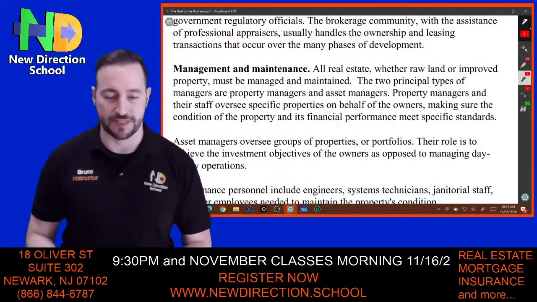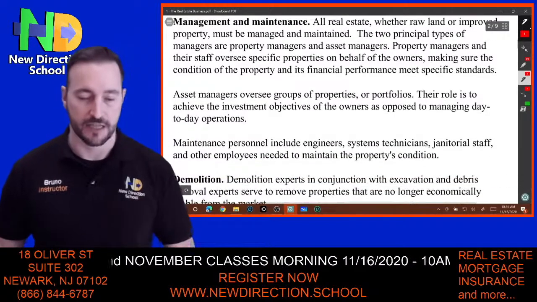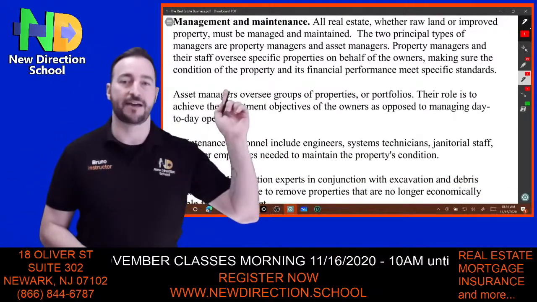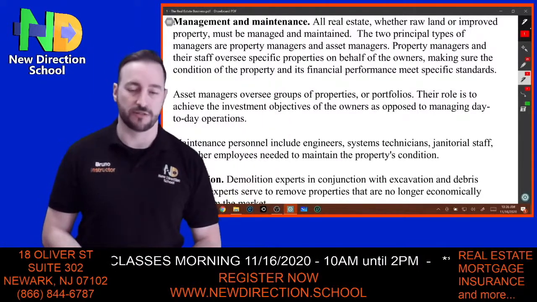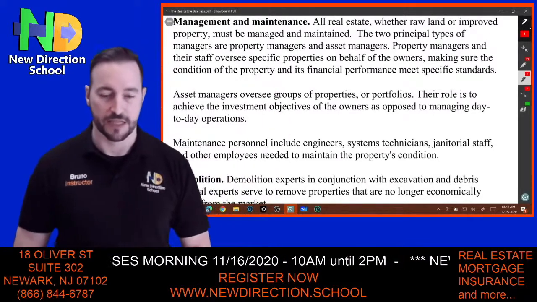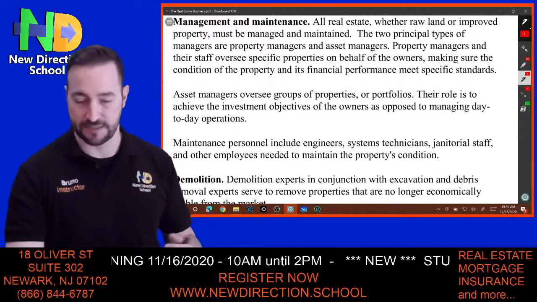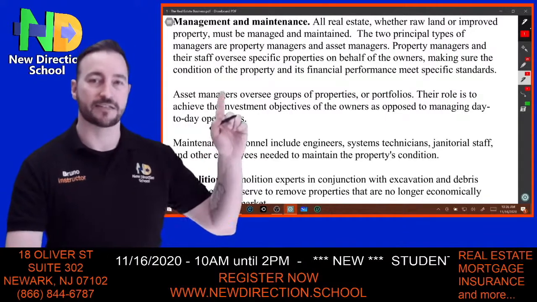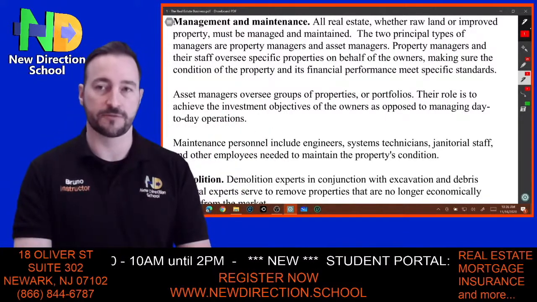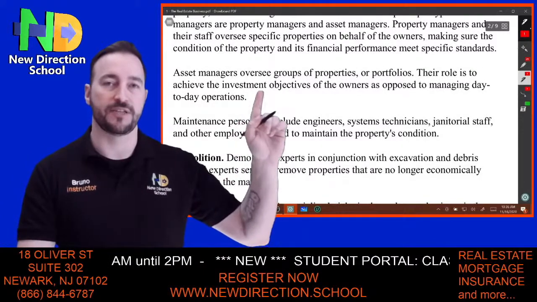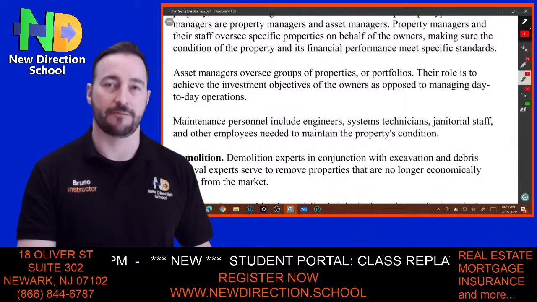The two principal types of managers are property managers and asset managers. Property managers and their staff oversee specific properties on behalf of the owners, making sure that the condition of the property and its financial performance meets specific standards. While asset managers oversee groups of properties or portfolios, and their role is to achieve the investment objectives of the owners as opposed to managing day-to-day operations.